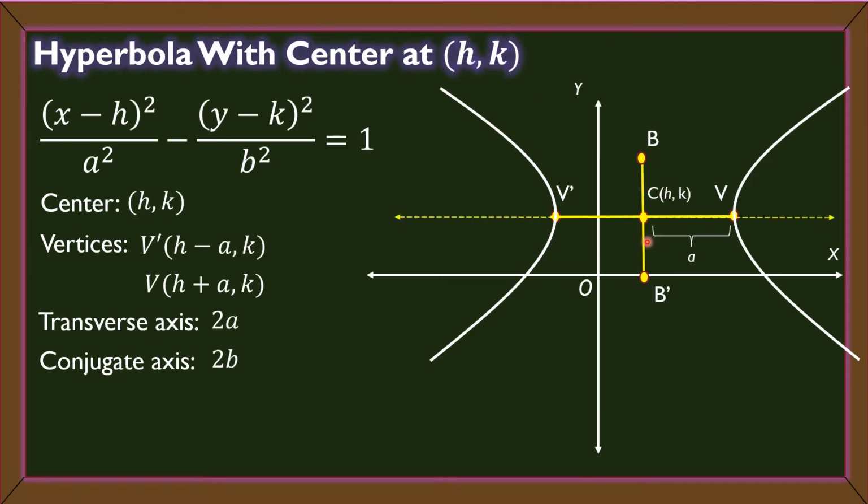Collinear with the vertices and the center are the foci, F prime and F, which are each c units away from the center. Hence, the coordinates of F prime and F are (h minus c, k) and (h plus c, k) respectively.